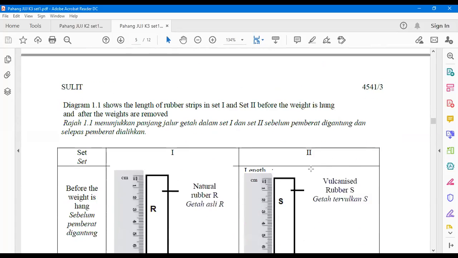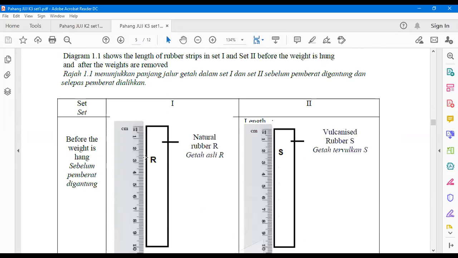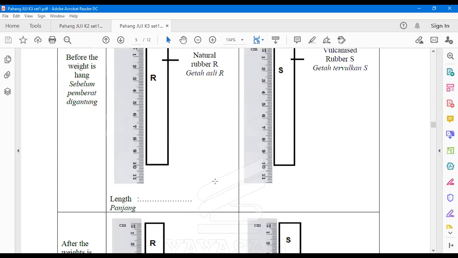Now, let's move on. In the diagram, they are showing you a ruler. Okay, remember, when you want to record the data or record the reading measured by a ruler, how many decimal places? Remind you, it is 1 decimal place. Okay. Now, what is the initial length?